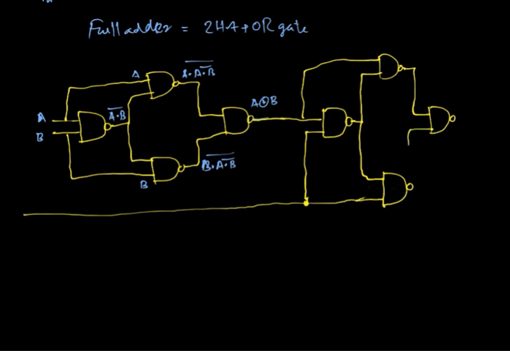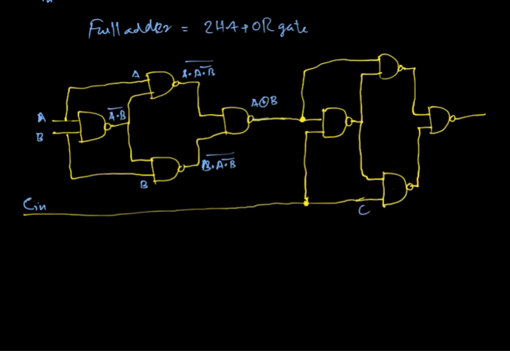Now let's see what is the output here, where it is A exclusive OR B. And here it is the input C in.